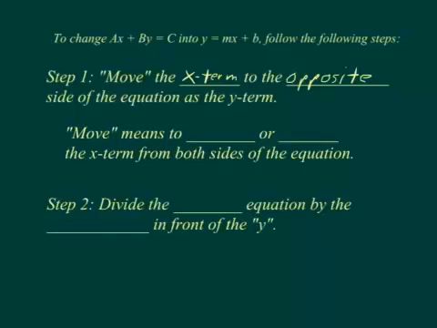Now what I mean by move is to add or subtract the x term from both sides of the equation. If it is a positive x term, we need to subtract. Our equation operations tell us we do the opposite in order to eliminate it from one side. If it's a negative x term, we will add.